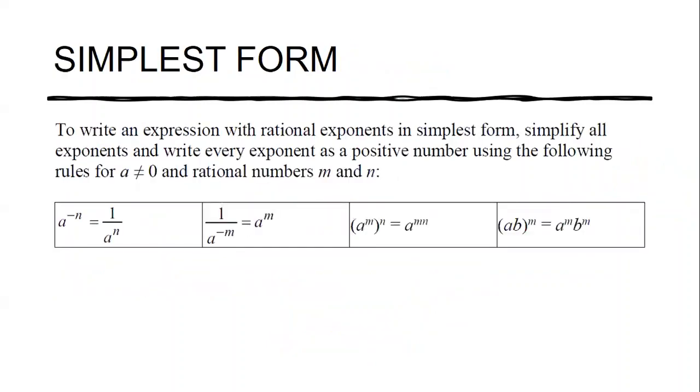The other rules that you should have walked away with: if you have a negative exponent, that means that it actually belongs in the denominator. If you have a negative exponent in the denominator, that means it actually belongs in the numerator. So these are vice versa. You know what I was trying to say.